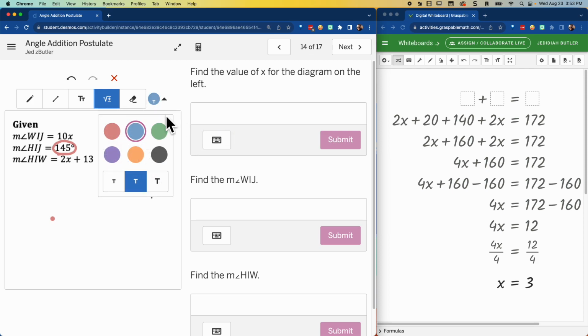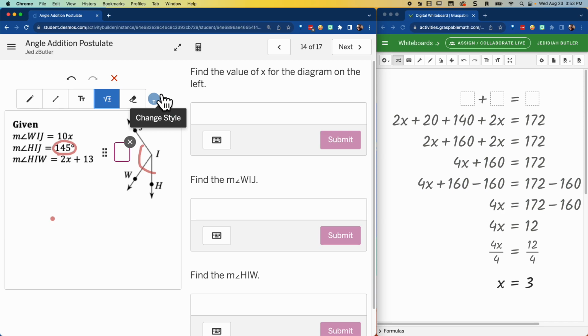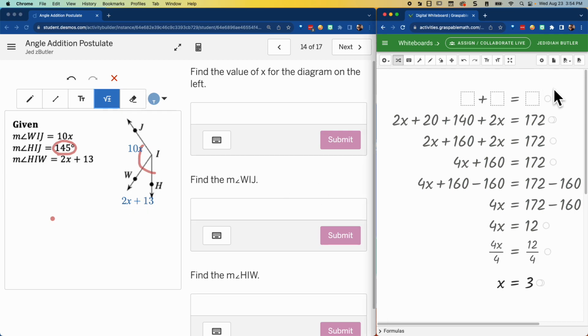Let's make it a different color, it's not red. 10x, there we go. And then the other one, and it's kind of hard to squeeze it in there, but it's 2x plus 13. It's not easy for us to rotate it to fit it in there.